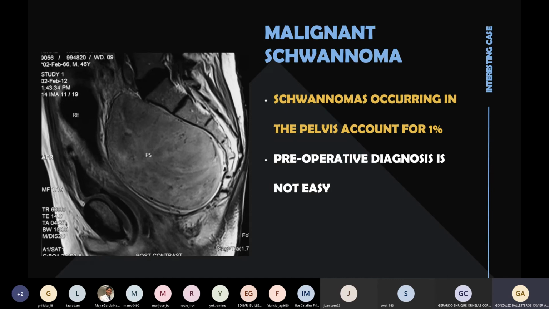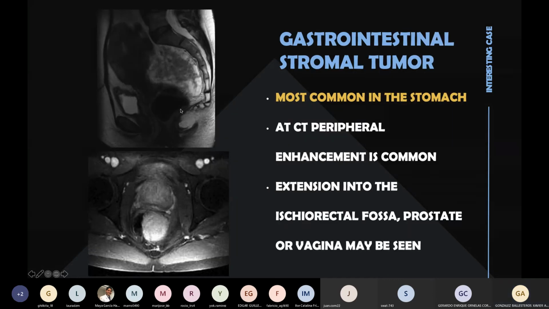A neural origin of a tumor is suggested when there is neural foraminal widening or erosion. And here we have an MRI showing a large mass in the presacral region that is really close to the sacrum, pretty similar to what our patient showed.